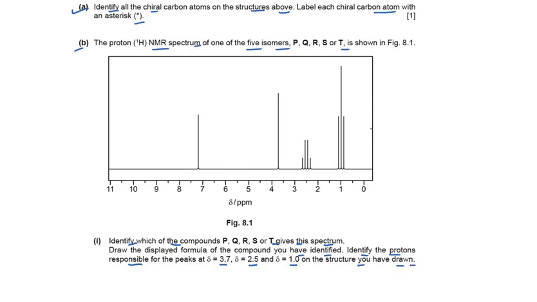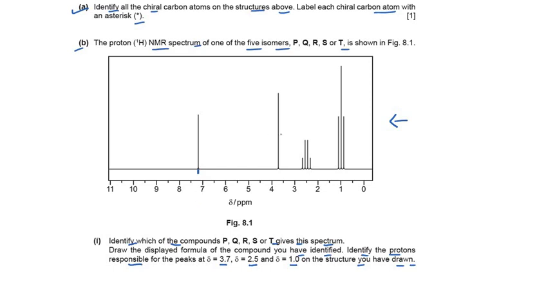But before identifying the compound, let's first study the NMR spectrum given here, where we know that the peak at 7 point something is the benzene peak, that is the peak due to the aromatic ring.